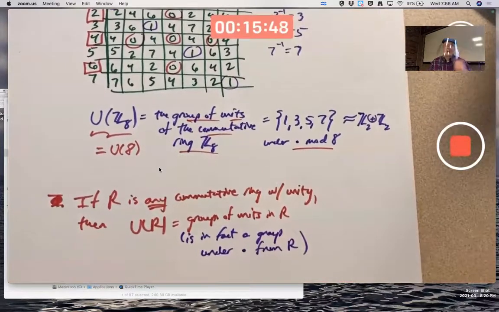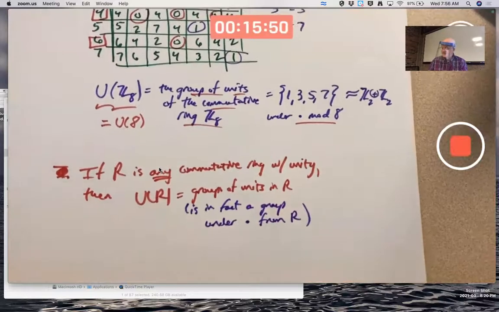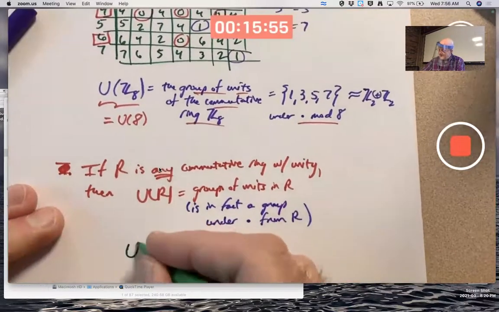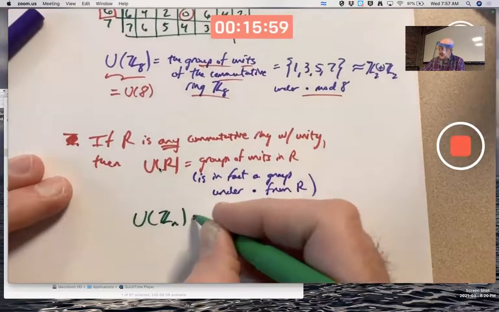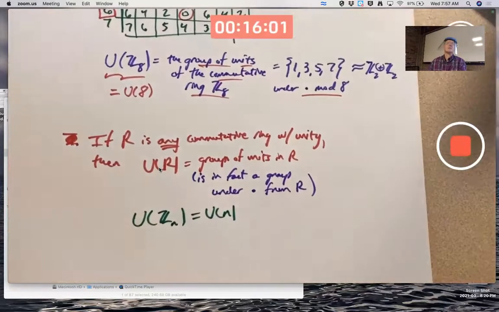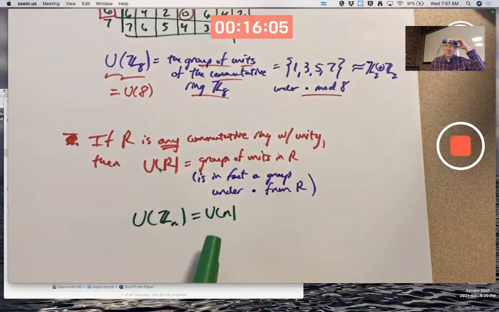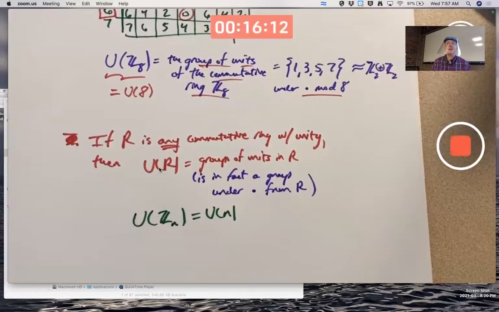And in the case where we're talking U of Zn, units in the ring Zn, it is exactly the same as Un, the Un group. And in fact, you might even recall, we called that the group of units modulo n, under multiplication mod n.